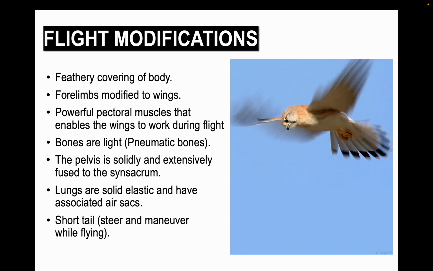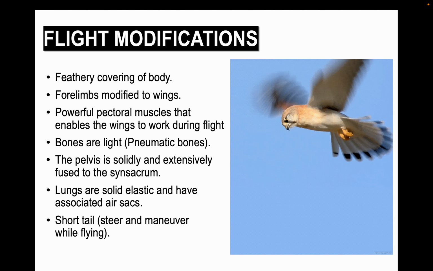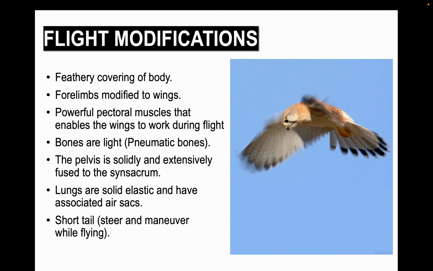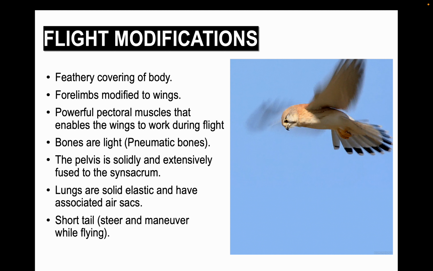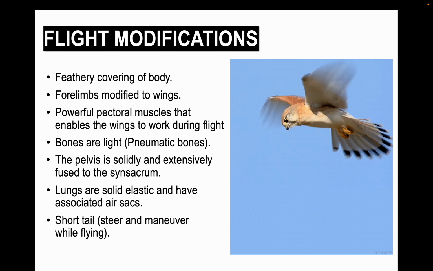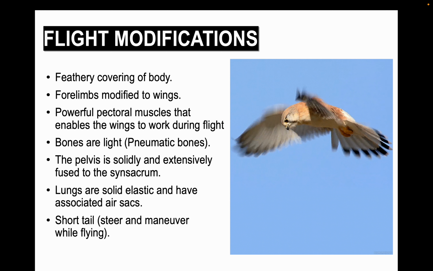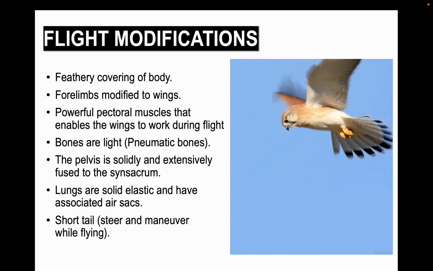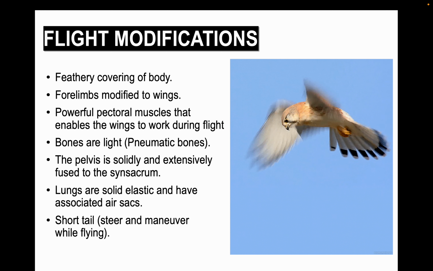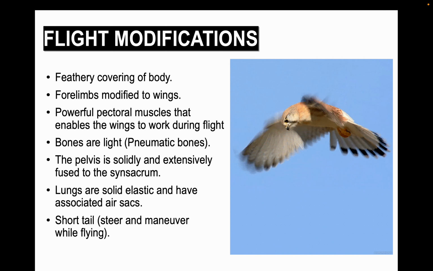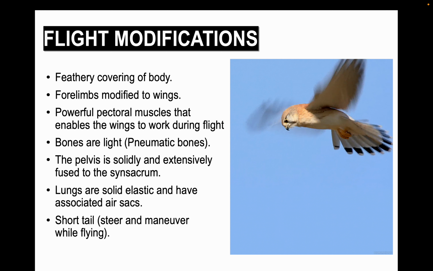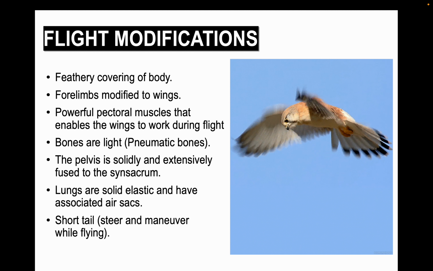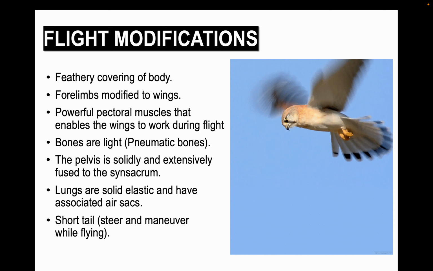No? Their bones are very light, called pneumatic bones. So these bones are hollow. No? The pelvis is already solid and extensively fused to the synsacrum. So the lower extremities are more fixed compared to the upper body. No? Their lungs are solid, elastic, and have associated air sacs. And the tail is very short already, more adapted for maneuvering and steering during flight.